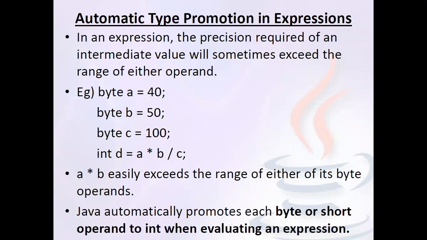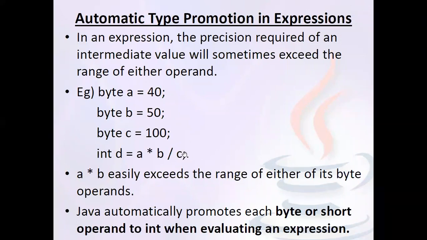However, if you want to include negative values also, it will be minus 128 to plus 127. So the value of 40 into 50, which is 2000, cannot be fit in a byte. It has to be put in an integer. We might divide it by 100 later, but that doesn't matter. First, it is multiplying 40 by 50 and then dividing by C.